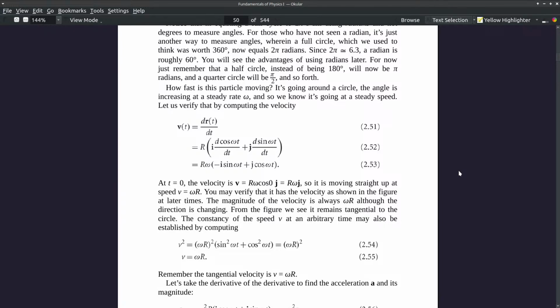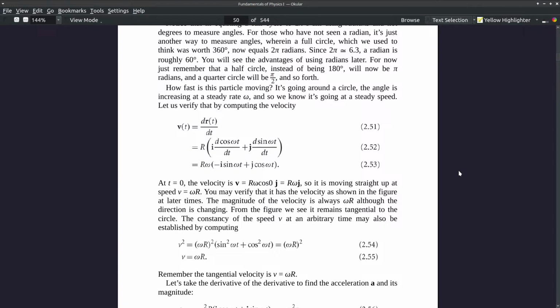At t equals 0, the velocity is v equals r omega cosine of 0 j, which equals r omega j. So it is moving straight up at speed v equals omega r. You may verify that it has the velocity as shown in the figure at later times. The magnitude of the velocity is always omega r, although the direction is changing.